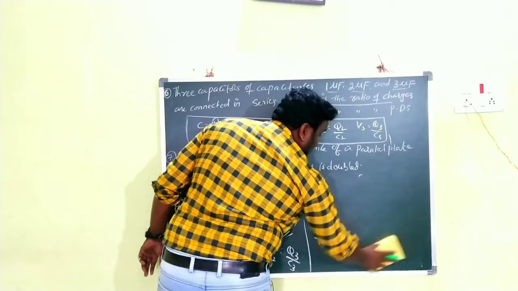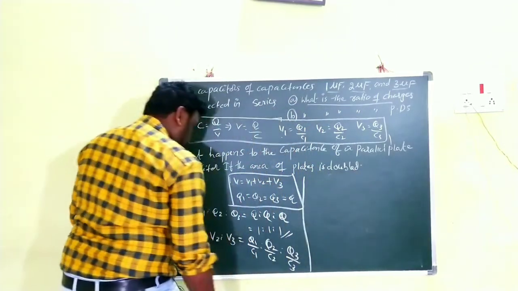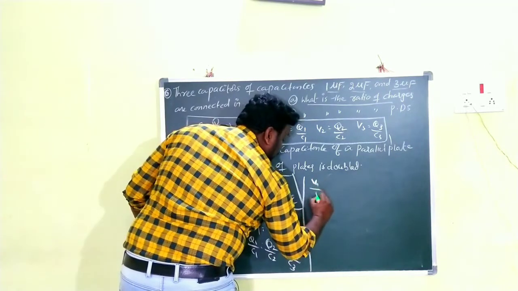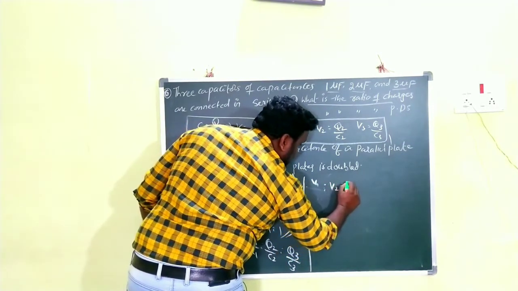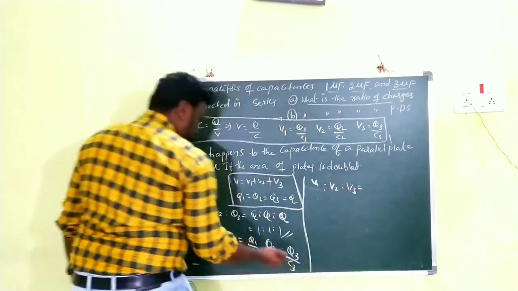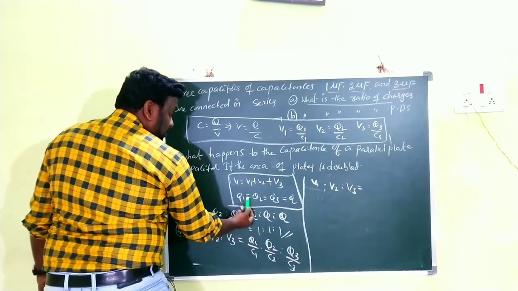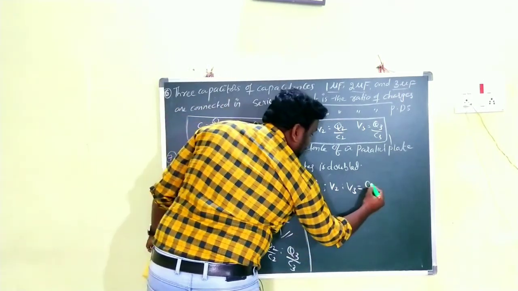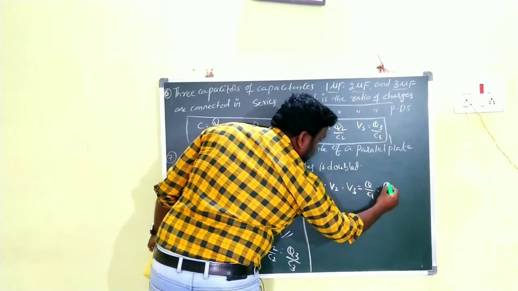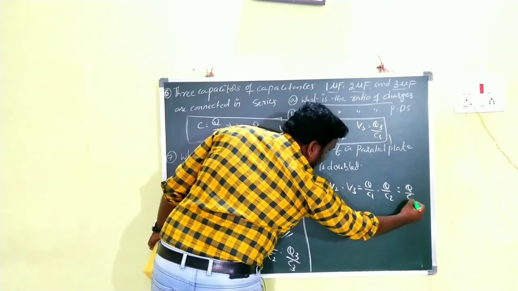We need some space, that's why I am arranging the diagram. So children, here V1 is to V2 is to V3 is equal to what, children? Q1 is equal to Q, Q2 is equal to Q, Q3 also Q. That's why I'm writing here Q by C1 is to Q by C2 is to Q by C3.